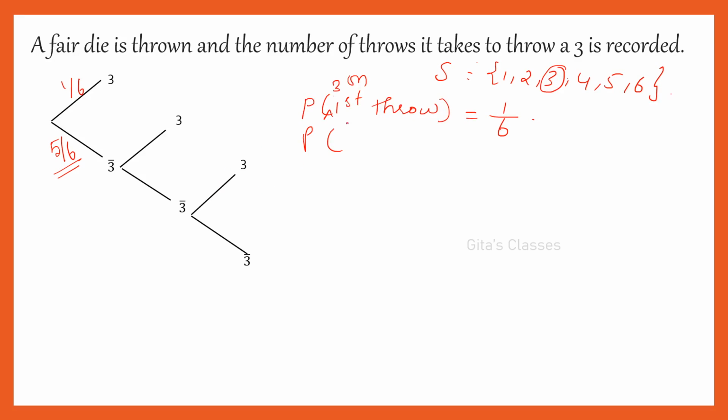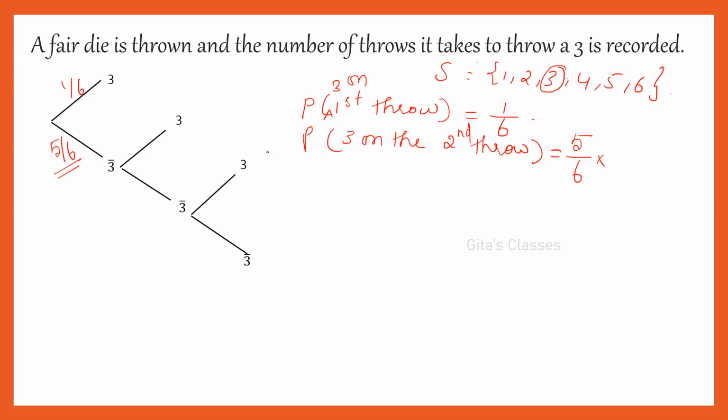Similarly, now I am not getting it in the first throw. So what will I do? The probability of 3 on the second throw will be equal to, now in the first throw what happened? It failed, right? So the probability that it failed is 5 by 6, into, now see, the first already happened and the second also should happen.